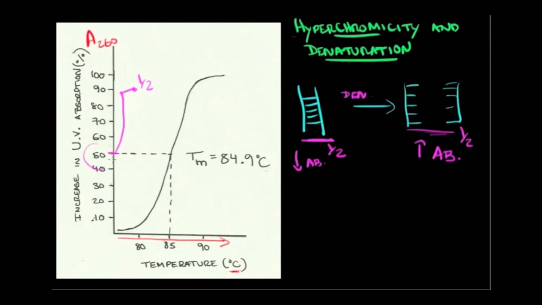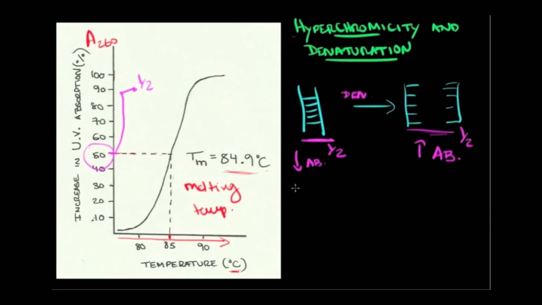This is what 50% means. And at 50% absorbance, if you go down and look for the temperature, you have 85, or in more detail, 84.9 degrees Celsius. That's what we call the melting temperature of the DNA molecule.